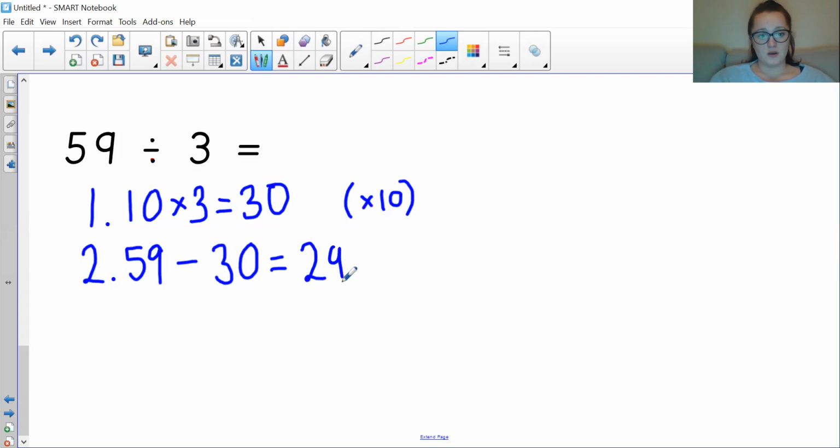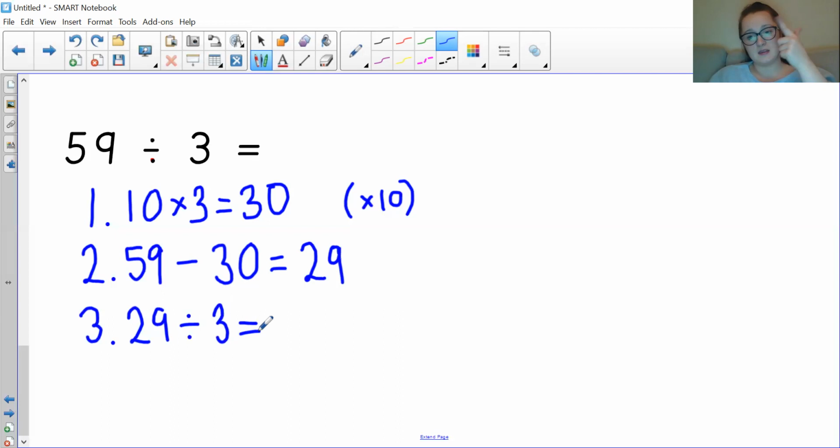Right. What we need to do now is see how many times 3 goes into 29. So 29, and we're going to divide, aren't we, by 3. So let's get our fingers ready.